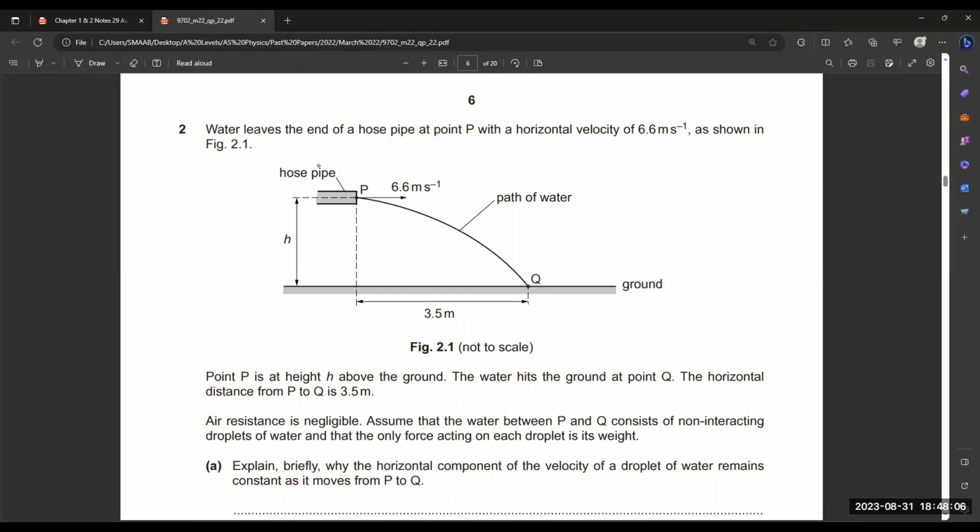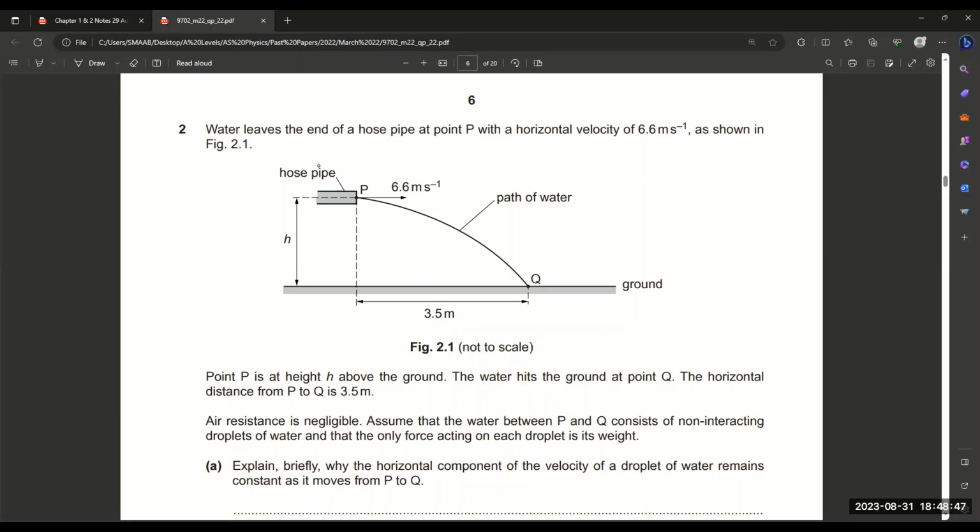So first observe the question, observe the values, then we will start the solution of this question.